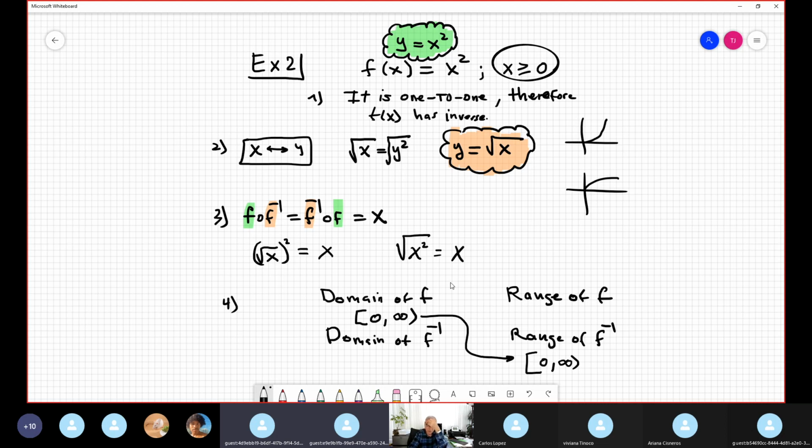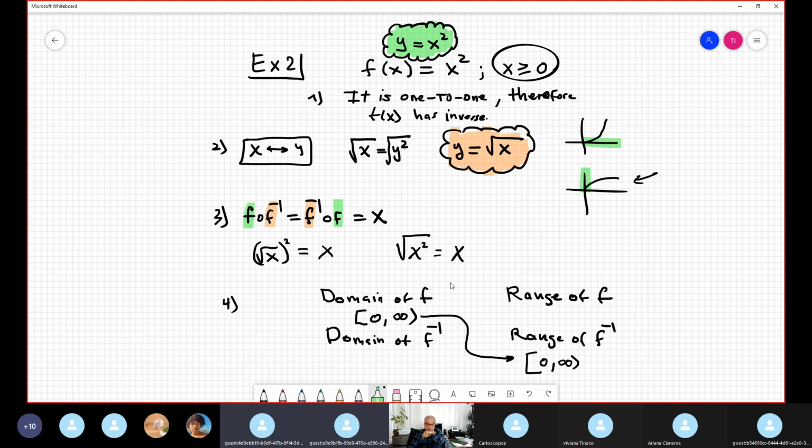However, the range is more. No, in this case, not complicated. So obvious, it's positive numbers. Look at this graph, you see clearly. Okay, the domain, the range, sorry, is that part. So this is equal to this. Domain of the inverse.